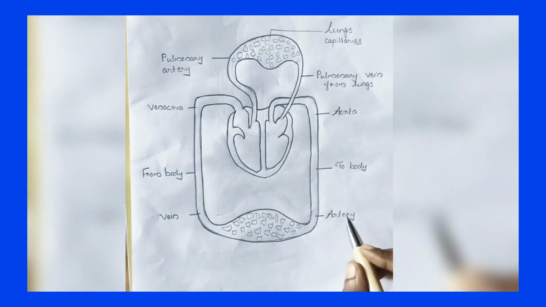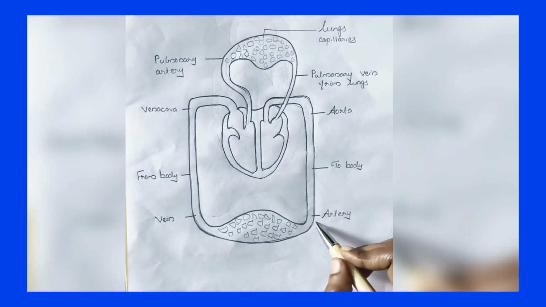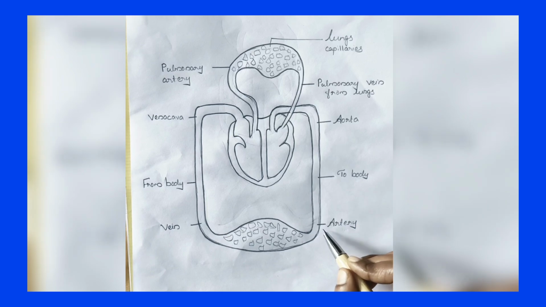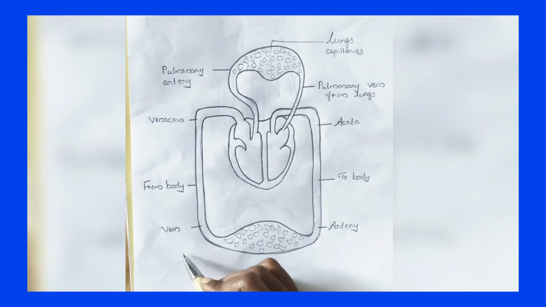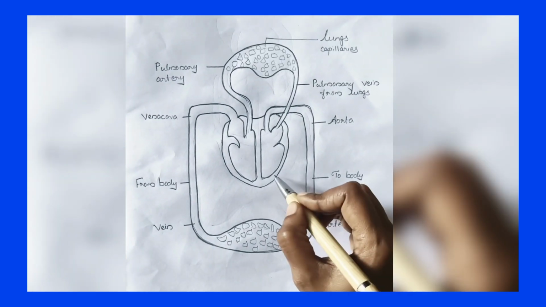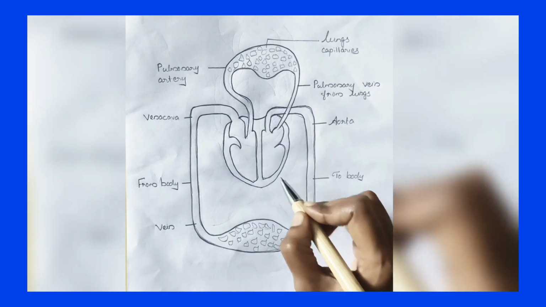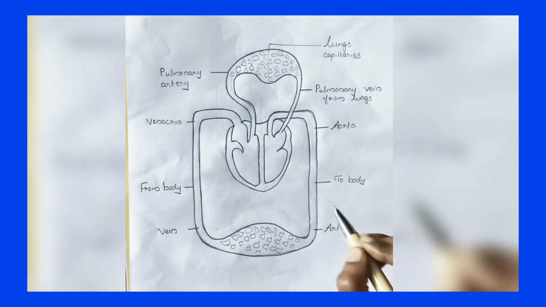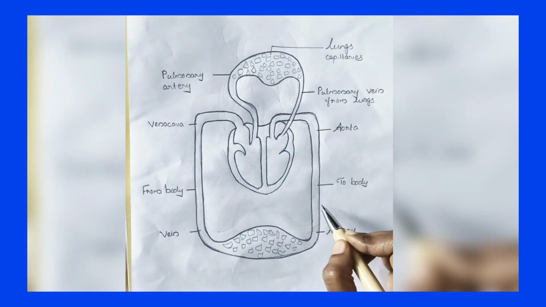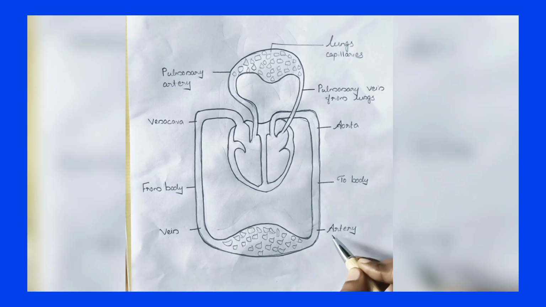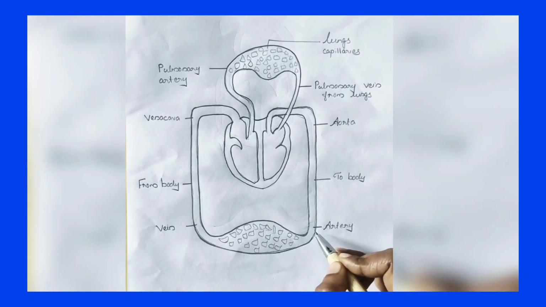And next you can understand the wall of the artery is thicker than the wall of the vein, because when the ventricle pushes the blood to the artery, it pushes the blood with high blood pressure. Because of that, the artery is made up of thick walls.